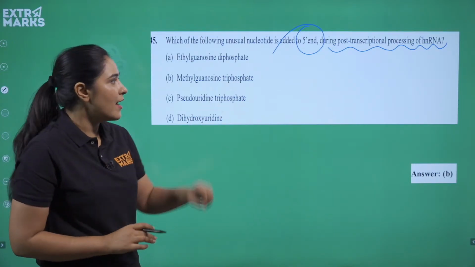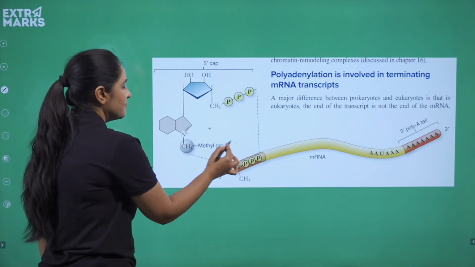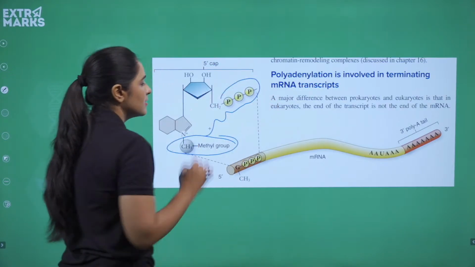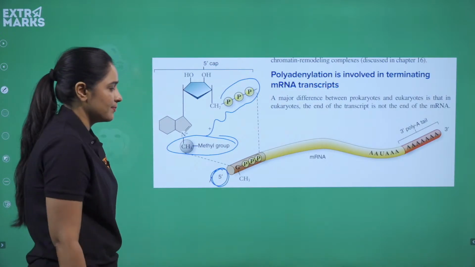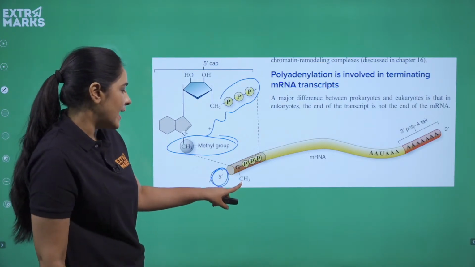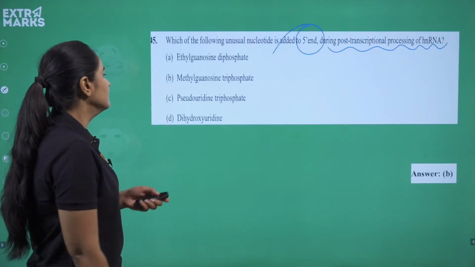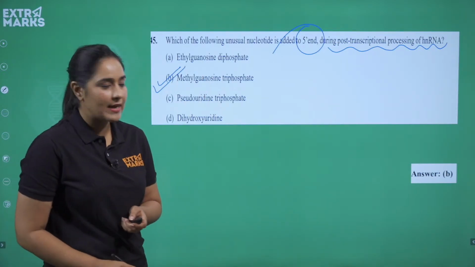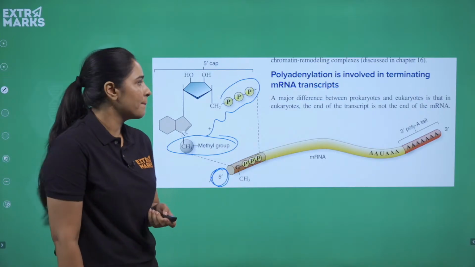So at the 5' end you can see here, methyl group and guanosine triphosphate. So at the 5' end we are having this addition. So methyl and the guanosine and it is triphosphate here. So we are having the correct option B. Methyl guanosine triphosphate is added at the 5' end of the heterogeneous RNA.